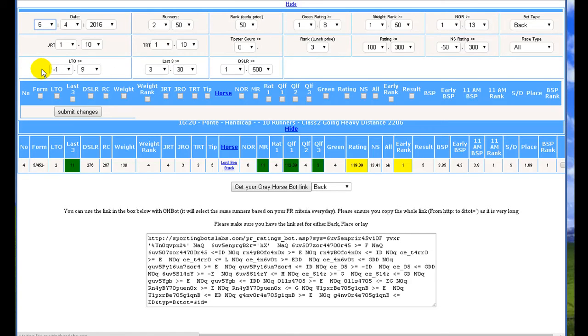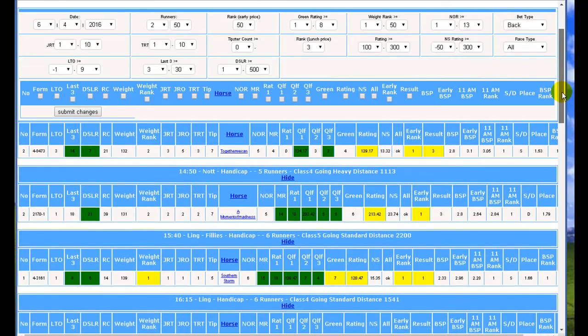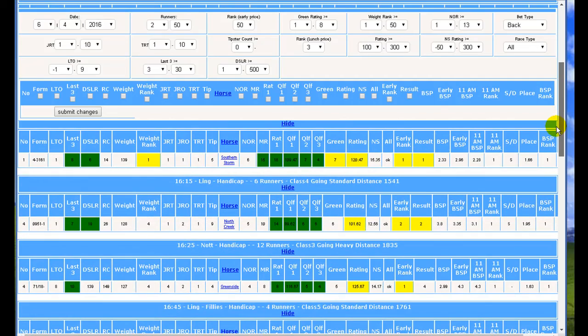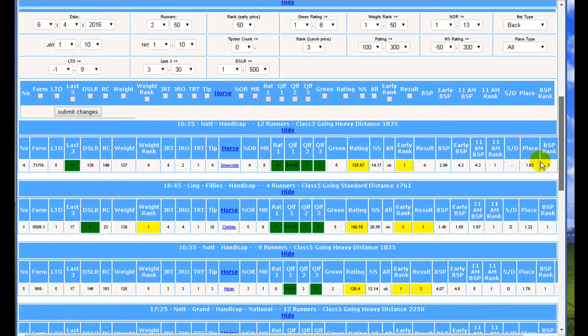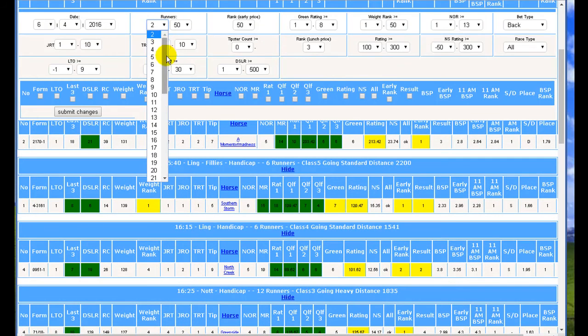Again, I've gone deep with this, maybe I shouldn't have when I'm showing this, but these are 7 runner races, so you may not want to bet in those races. I tend not to like them myself too much, so I tend to go again maybe with 8 runner races or more.